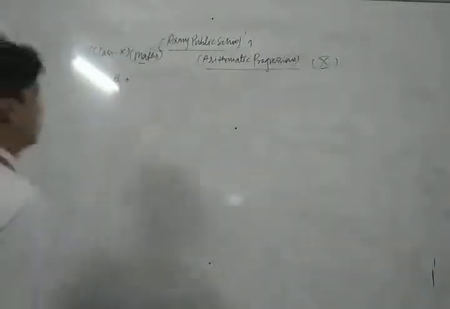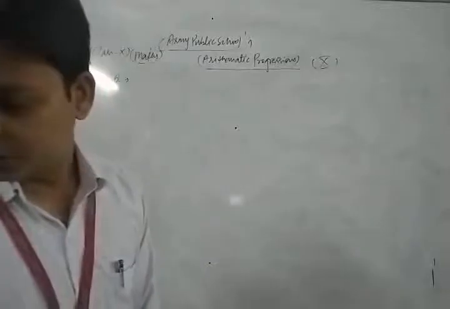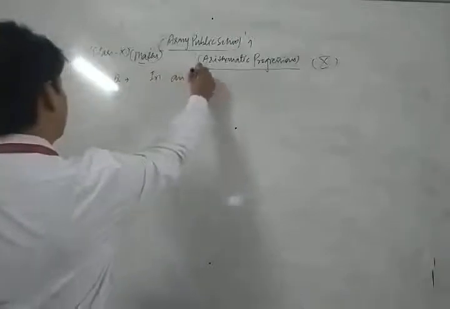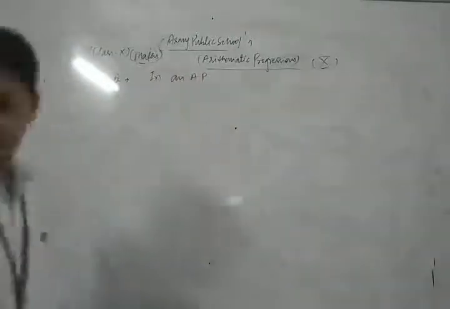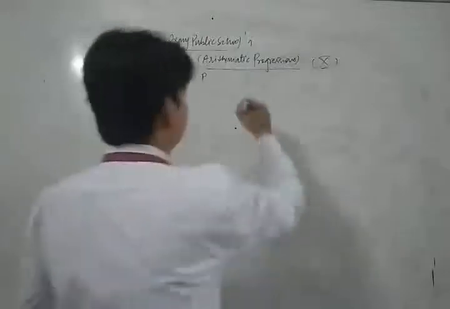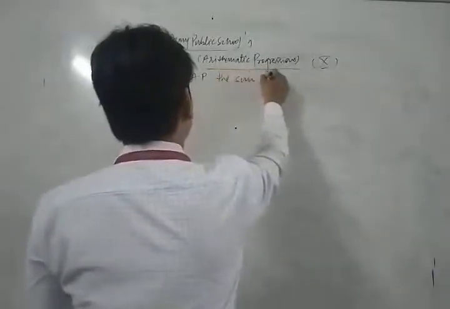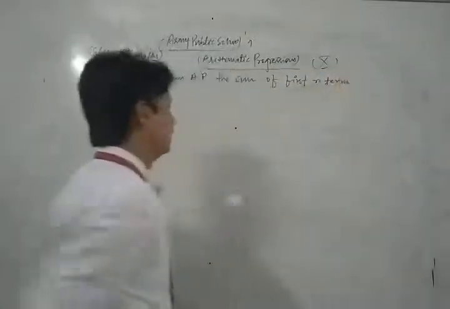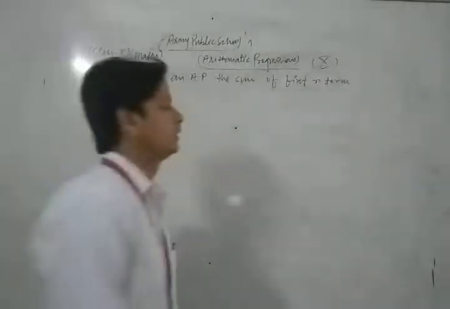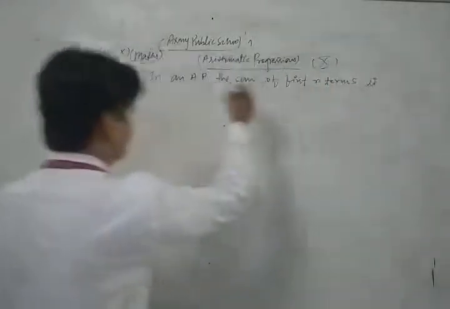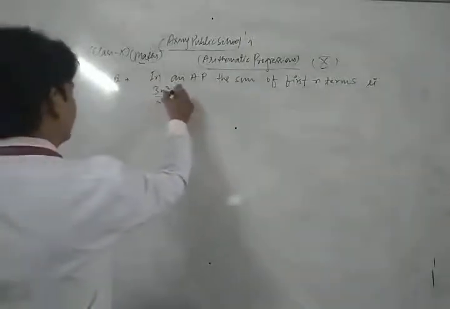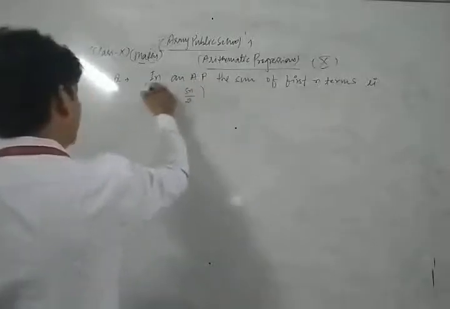Let's solve some important questions related to this topic. And the question is: in an AP, the sum of first n terms is 3n square upon 2 plus 5n upon 2.